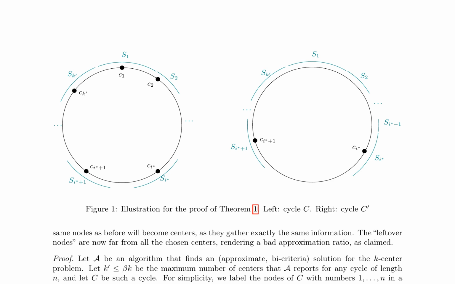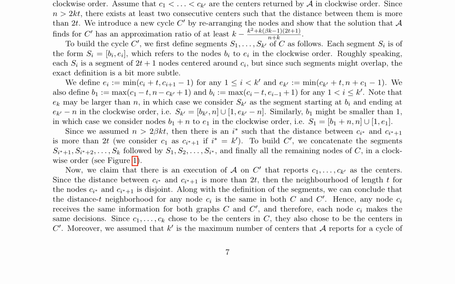A new cycle C' is constructed by rearranging the nodes of C, defining segments S_i = ball of C_i, where each segment is centered around c_i and has a length of 2T+1 nodes. The segments may overlap, and their definitions are adjusted accordingly.